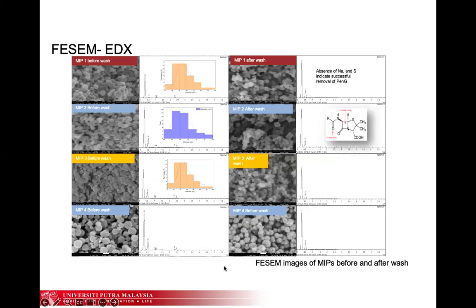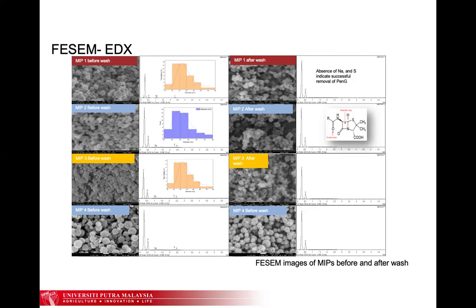All right, so when we talk about porogen just now, the purpose of having a porogen, the right solvent to prepare the polymer, is that we need to create a porous surface on the imprinted polymer. Why? Because that porosity will allow the rebinding of the PENG from the drug.